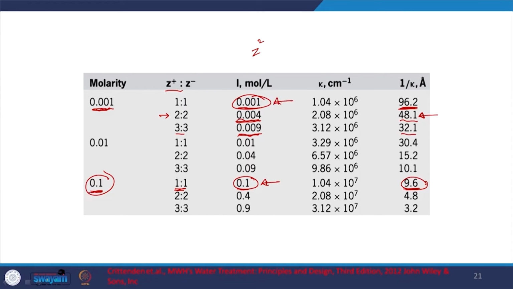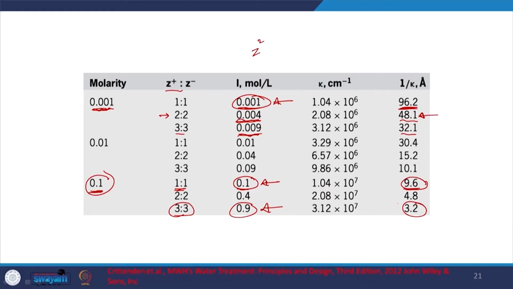And for that concentration, if I increase the charge, I am going to have a higher ionic strength, and thus a much thinner electrical double layer. So you can now see the effect of the concentration and also the effect of charge on the electrical double layer thickness. So that's something to keep in mind.